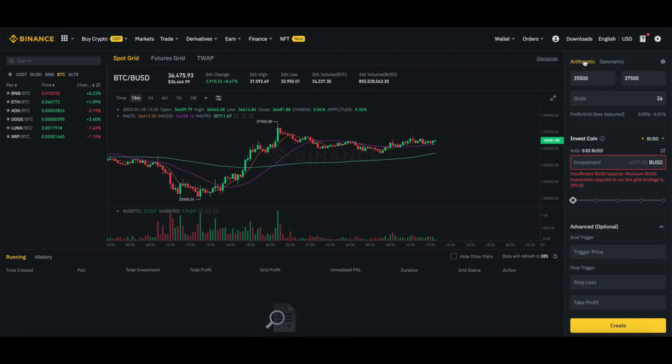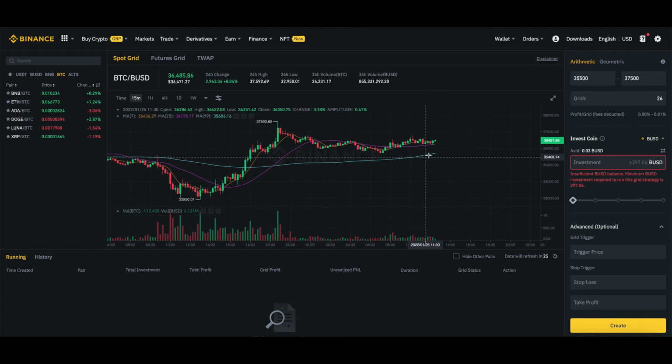And then at the top here, you've got your arithmetic and geometric. And all that is that in the arithmetic ones, the grids will be evenly spaced based on the price. So like in our example, every $100 in between each one, it would have 100 between each one.